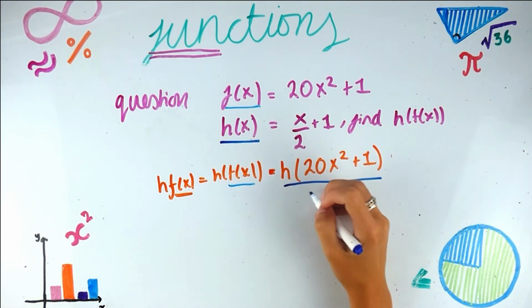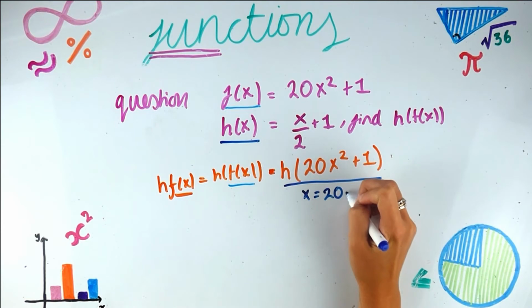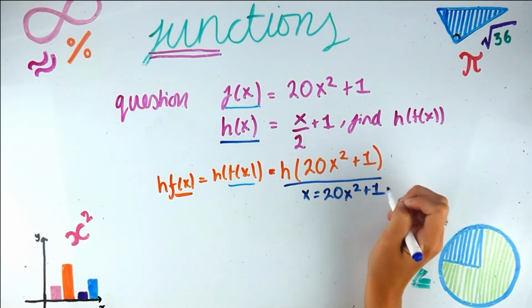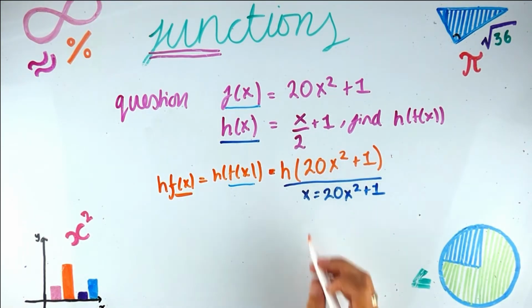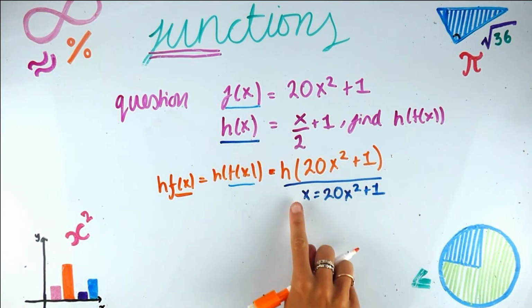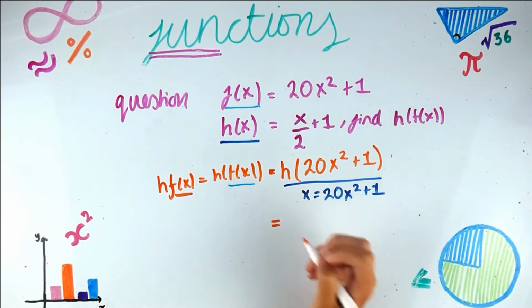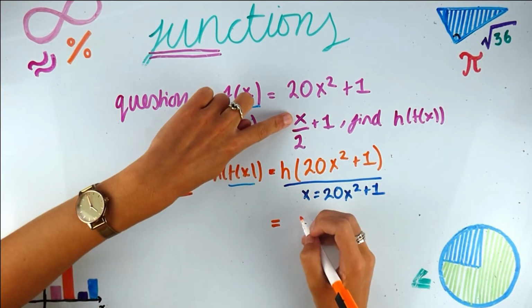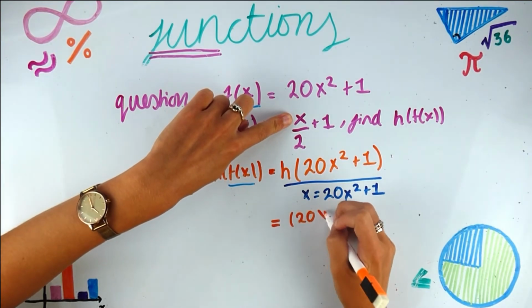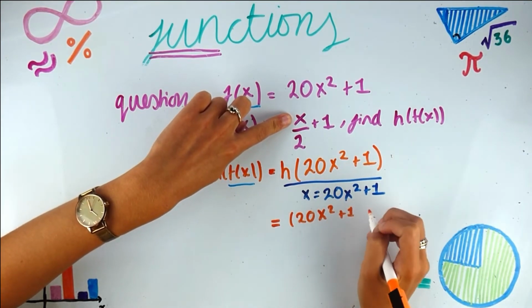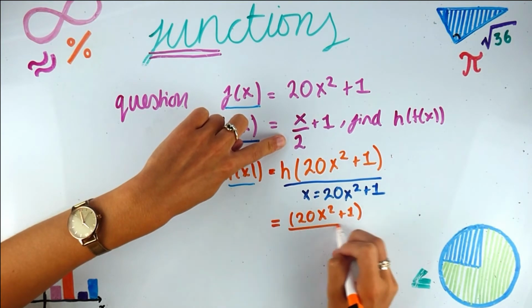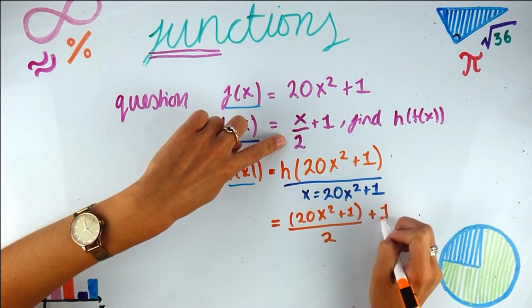So x is now 20x squared plus 1. So what does that become when we put it in here? So that is going to be, anytime we see an x, we're going to replace it. So in here, instead of x, we have 20x squared plus 1 divided by 2 plus 1.